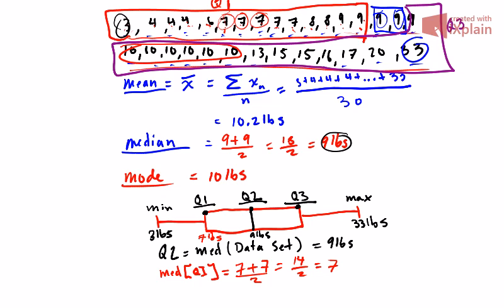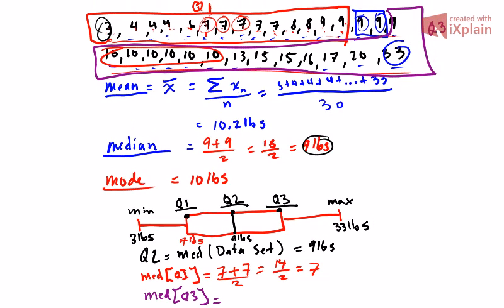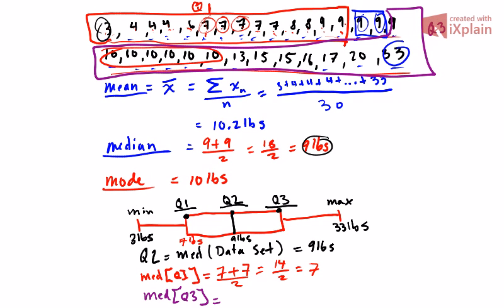To find Q3, I'm going to have to find the median of Q3. So the median of Q3 is actually equal to another even data set. So I have to go 6 out. So 1, 2, 3, 4, 5, 6. Add that one and this one.